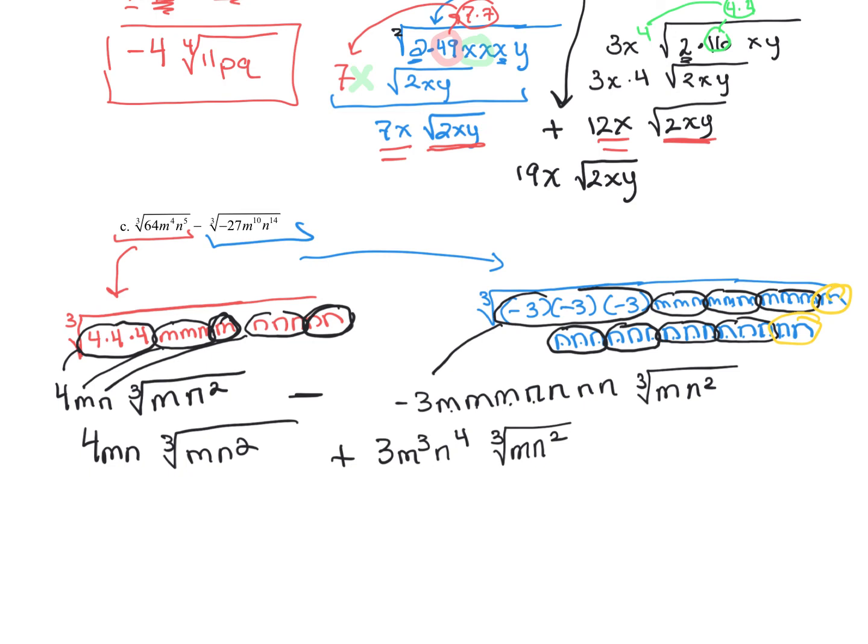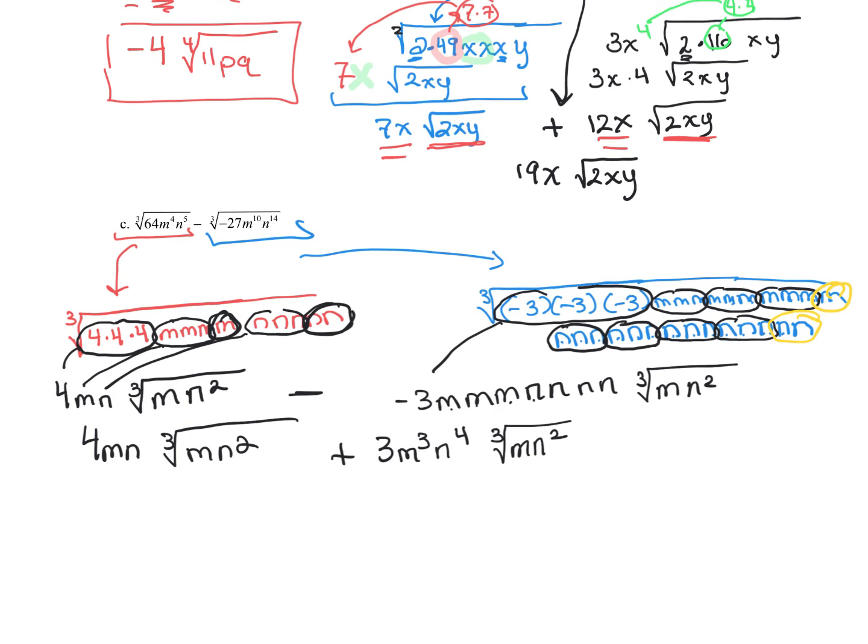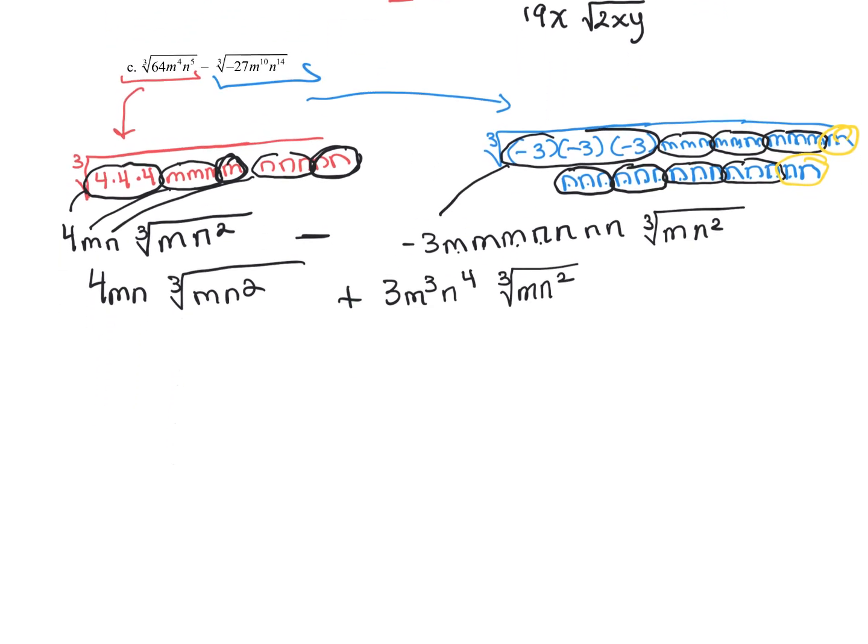Now here's the problem here. The radicals are absolutely the same. This is the same as this piece, but what's not the same is the variables here and the variables here. I have mn versus m cubed n to the fourth, and I cannot add mn to m cubed n to the fourth. So what I can do is pull out that yellow piece that I've underlined.